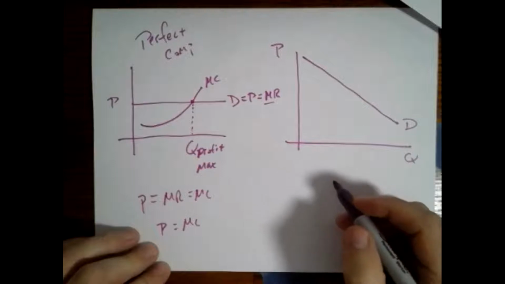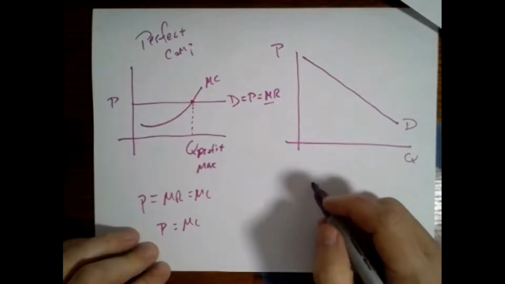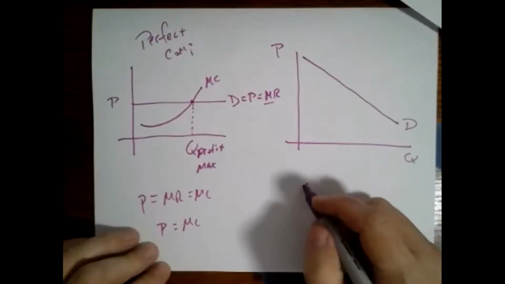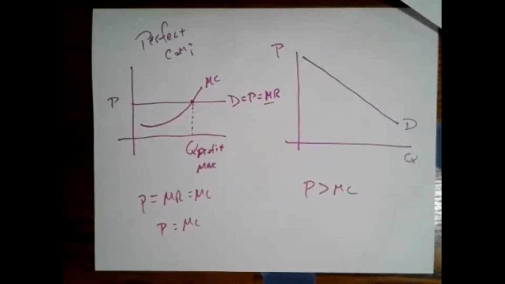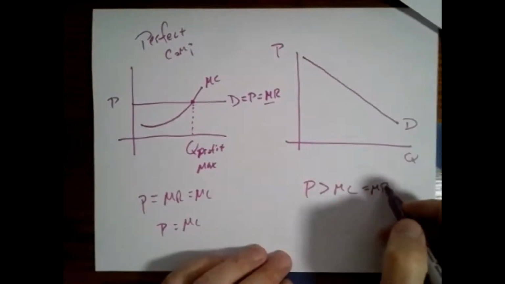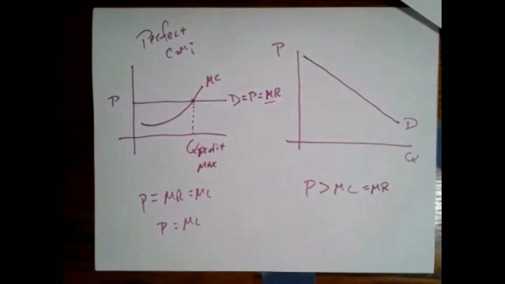In the monopolistic market, price is going to be greater than marginal cost. However, marginal cost will still equal marginal revenue at the profit maximizing quantity. So when a firm is large relative to the market, it can influence the price by deciding how much quantity to bring to market.